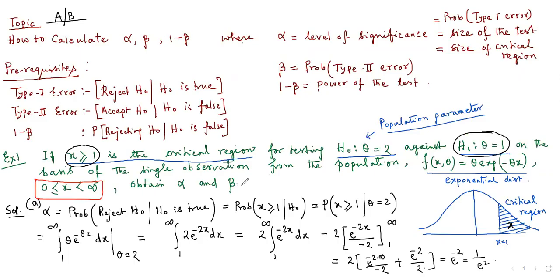In this particular problem, although it hasn't been mentioned, you are supposed to calculate the probability alpha and beta only.